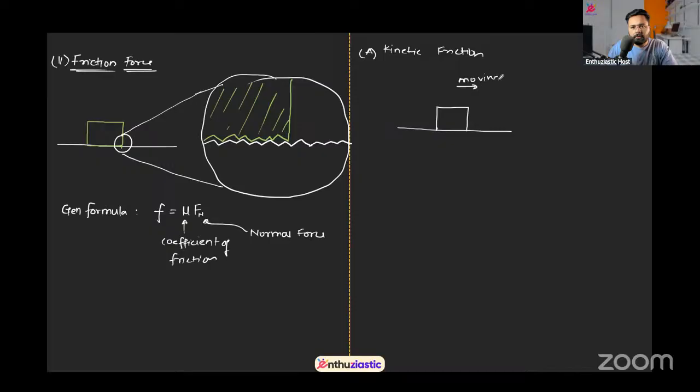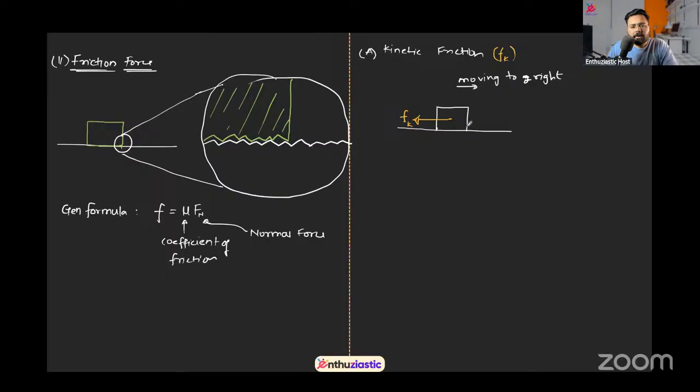Friction force is a resistive force. It opposes the motion. So where should the friction force act? It should act in the backward direction. This is called Fk, kinetic friction, given by F subscript k.